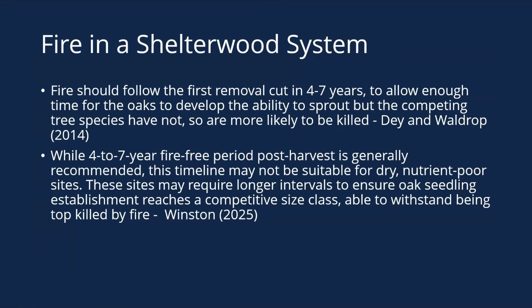And so overall, fire is something that can be added to a shelterwood system, but you need to be careful if you put it in too soon after your first cut, because you can actually impact those young oak seedlings before they're big enough to start to withstand the fire and be able to sprout. So one recommendation was 4 to 7 years or so. You should wait before putting a fire in after a shelterwood cut. Somebody else, Winston, looked at it in a drier site and said that can maybe need to be 10 years or more because the oaks are just growing a little slower.